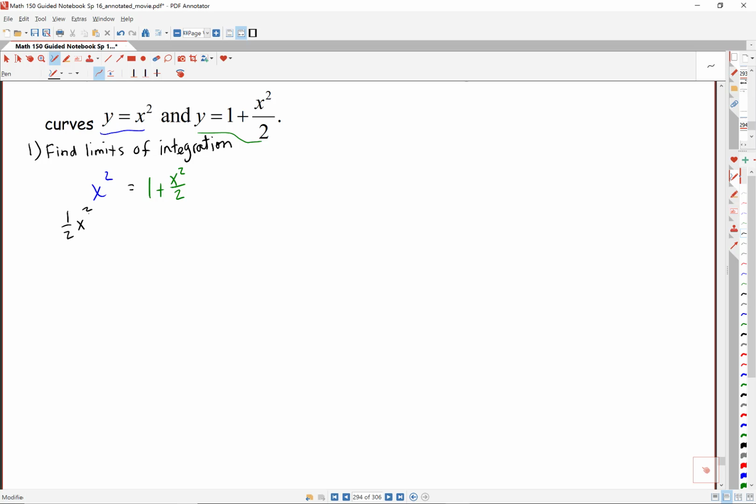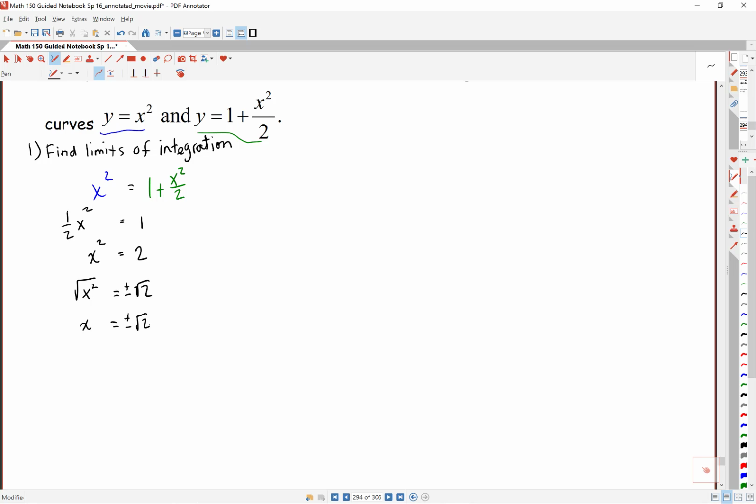Because 1 minus a half is positive a half, is equal to 1. Multiplying both sides by 2, we'll get x squared is equal to 2. And then we end up getting the square root of x squared equals plus or minus the square root of 2. So x is plus or minus root 2.